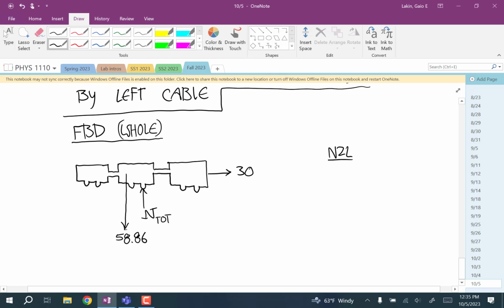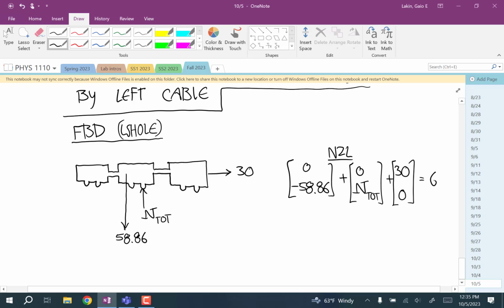So Newton's second law says 0, negative 58.86 plus 0, N total, plus 30, 0 is equal to 6 times the acceleration.